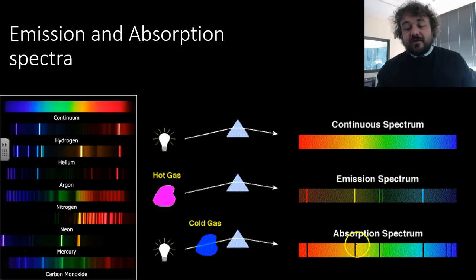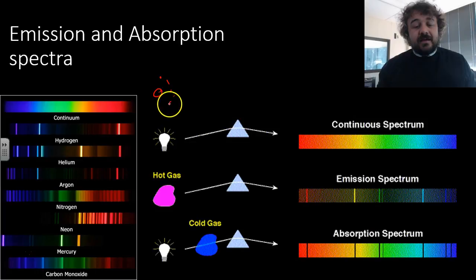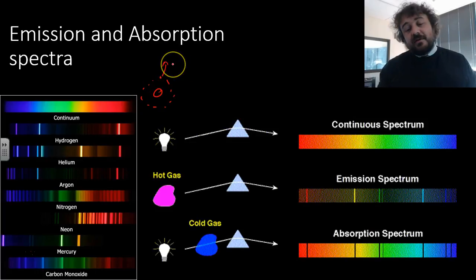So this one here absorbs the same frequencies that it emits. And the reason is that your electron here, when you heat up this hydrogen atom, moves up a state, then comes back down, and as it comes back down, it releases that energy as light.